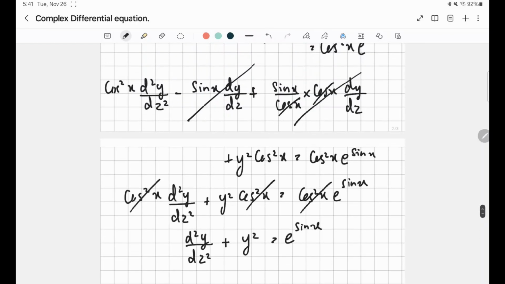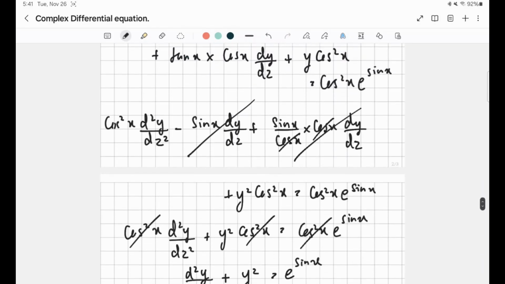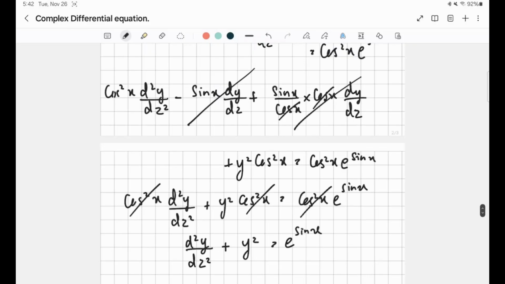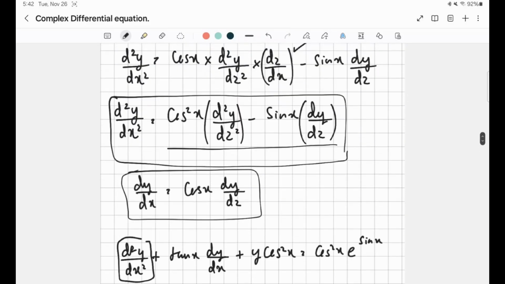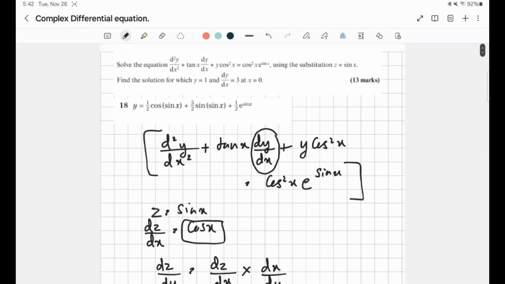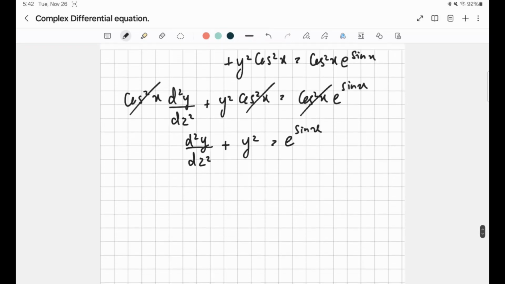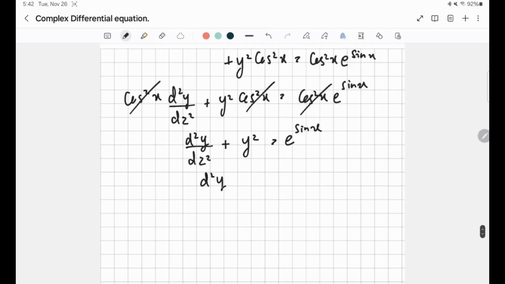For e to the power sin x, we had the substitution z equals sin x, so you can put in z: the second derivative plus y equals e to the power z.